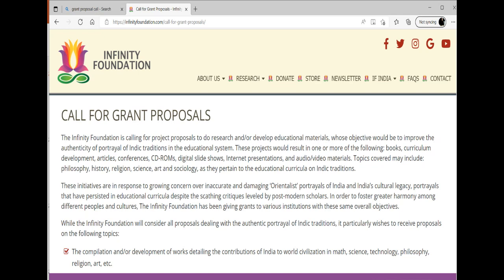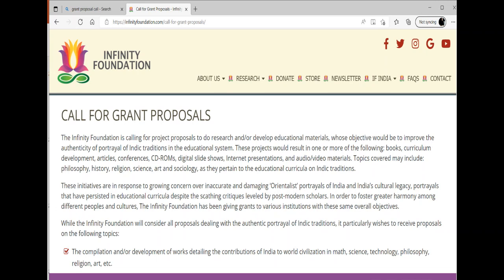Right? And this is important. So the priority here, when you're talking about the priorities earlier, is that they want work that is going to respond to the growing concern over inaccurate and damaging Orientalist portrayals of India and India's cultural legacy.